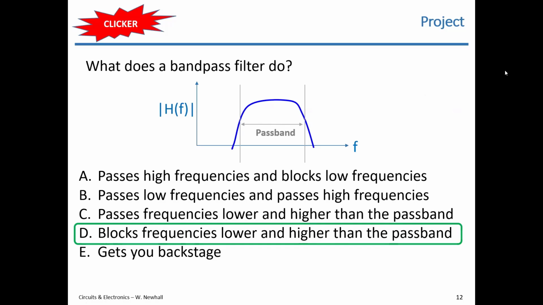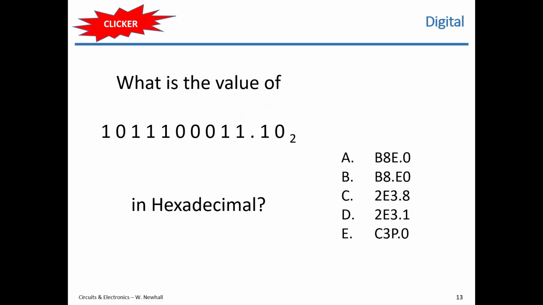All right, let's move on to digital topics. What is the value of this number with this base in hexadecimal? All right, let's start this conversion between bases. So we have a binary number here, that's base 2. One way to convert a binary number to a hexadecimal number is to look at groups of 4 bits, or 4-bit words, starting at the radix point, moving left and moving right, and then convert those 4-bit words.